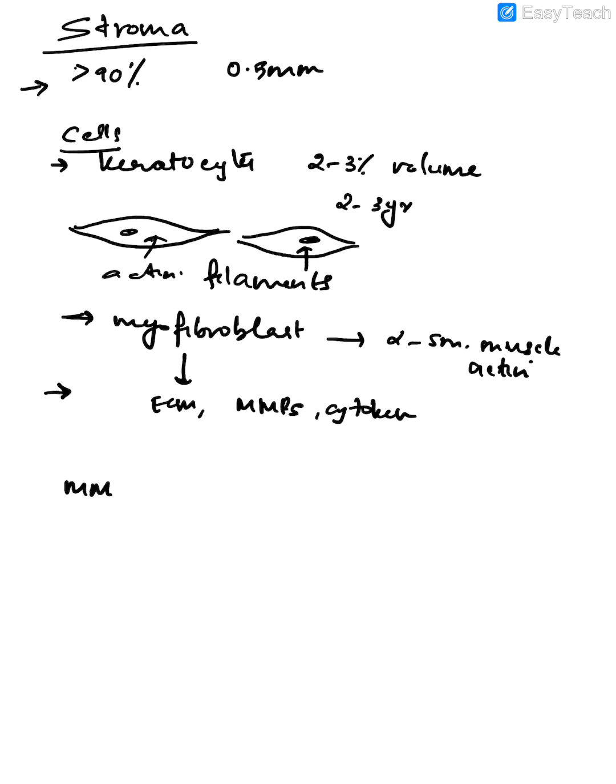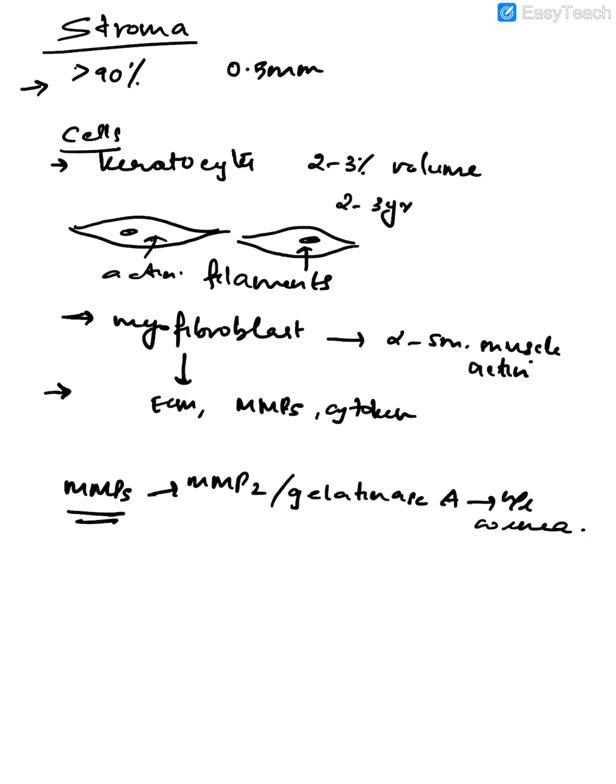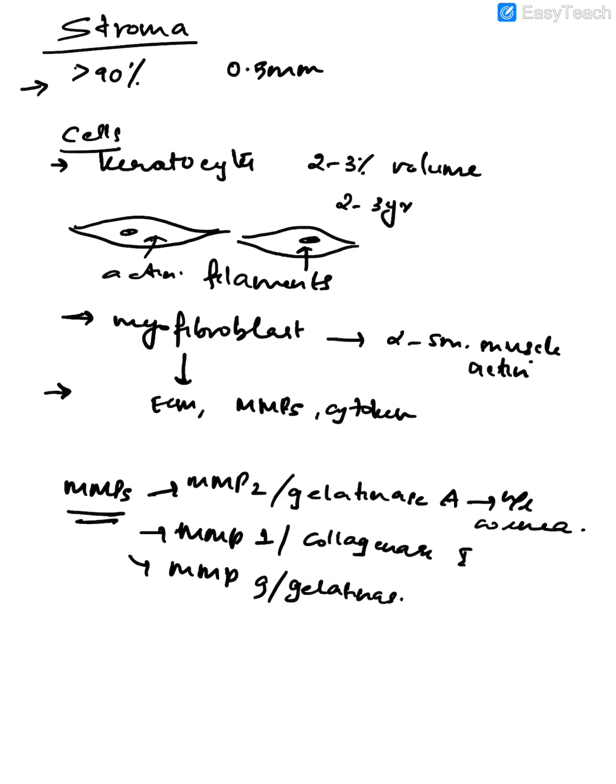Talking about the MMPs, MMP2, which is also called gelatinase A, is the one present in the normal cornea, and the others like MMP1 or collagenase 1, MMP9 or gelatinase B, and other MMPs like MMP 7, 8, 11, etc. are produced by the corneal epithelial cells at the time of any injury.